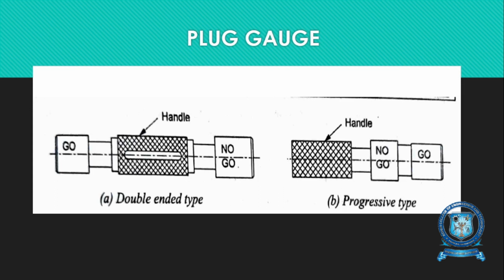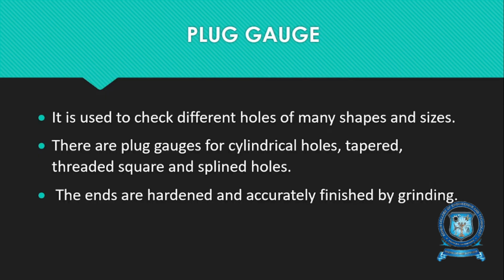It is used for inspecting elements. So this plug gauge is used to check different holes of many shapes and sizes, for cylindrical holes and tapered, threaded, square and splined holes. The ends are hardened and accurately finished by grinding.